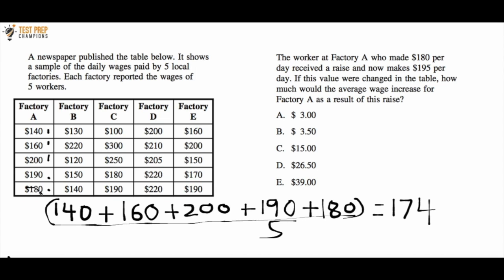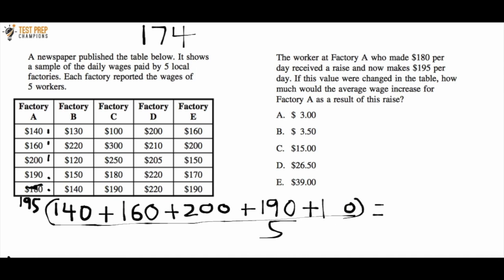Now this guy right here who is making 180 starts making 195 a day. So we have to add all of these up again, but instead of 180, we're going to use 195. In the first case, the average was 174, so let me leave that here and delete this.